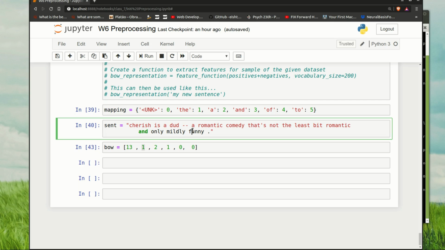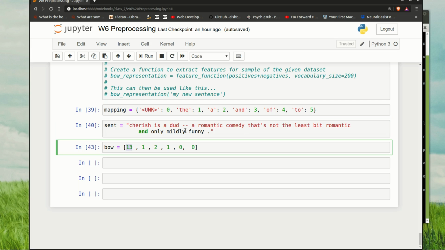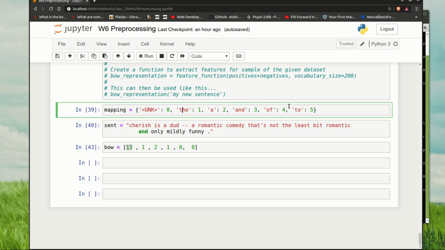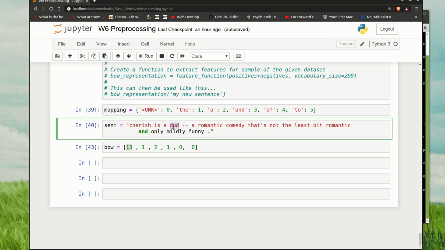And what about the other words? The other words are the unknown. There are 13 words in this sentence that are not the, a, and, of, or to. Which are they? This one, this one, this one. Here we have 3, 4, 5, 6, maybe 7. I think the tokenization takes this one and this one as separate ones. 8, 9, 10, 11, 12, 13.